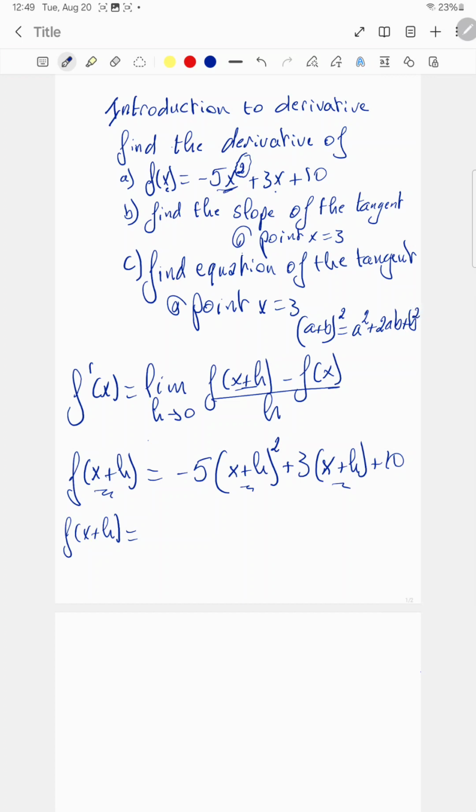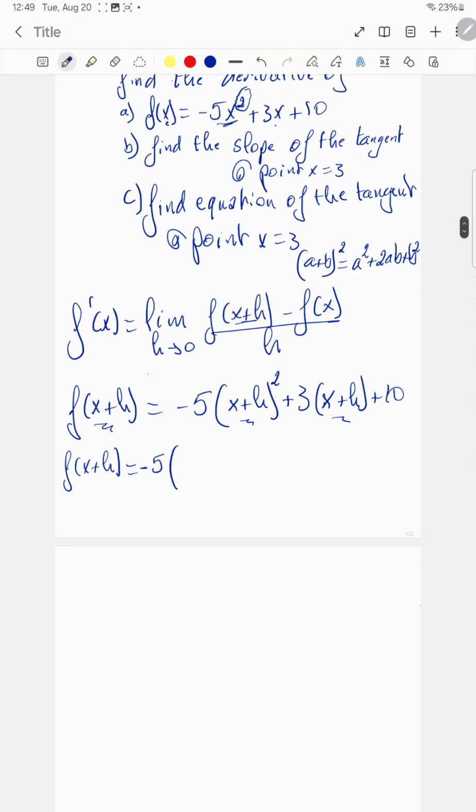So in that case, my x is my a and my h is my b, and the formula would give me minus 5 times a squared, which is x squared, plus 2ab, which is 2xh, plus b squared, in that case plus h squared, plus 3x plus 3h plus 10.